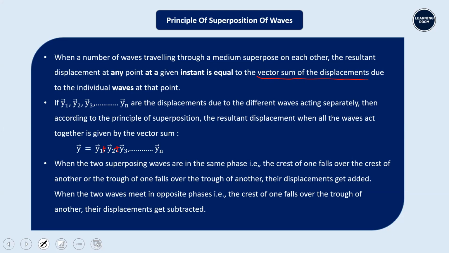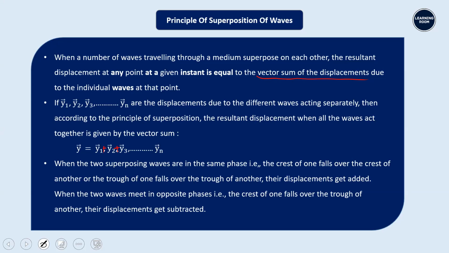So when two superposing waves are in the same phase, if the crest of one falls over the crest of another, or the top of one falls over the top of another, their displacements get added. So when the maximums in the upward direction get added, the intensity becomes maximum in this slide. Whereas in this case, here also they get added, but the intensity will be maximum in the opposite direction. When the two waves meet in opposite phases, what do I mean by opposite phases?